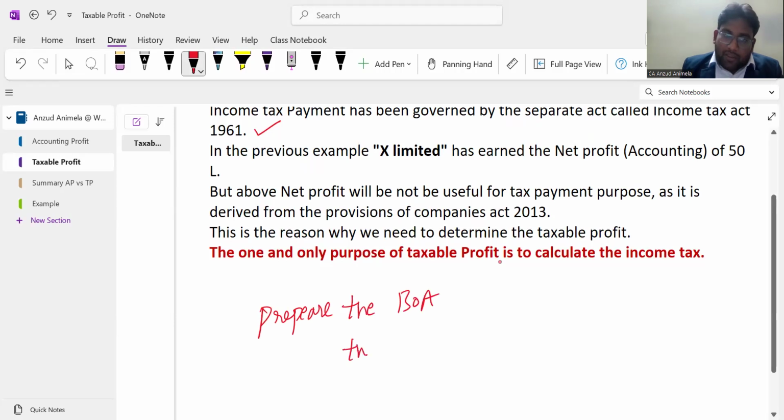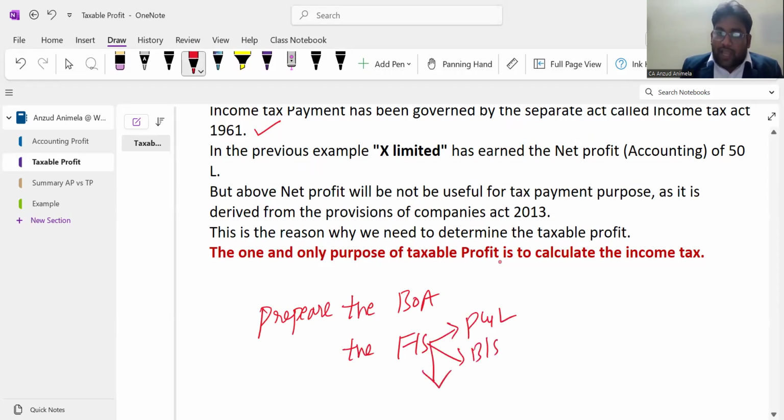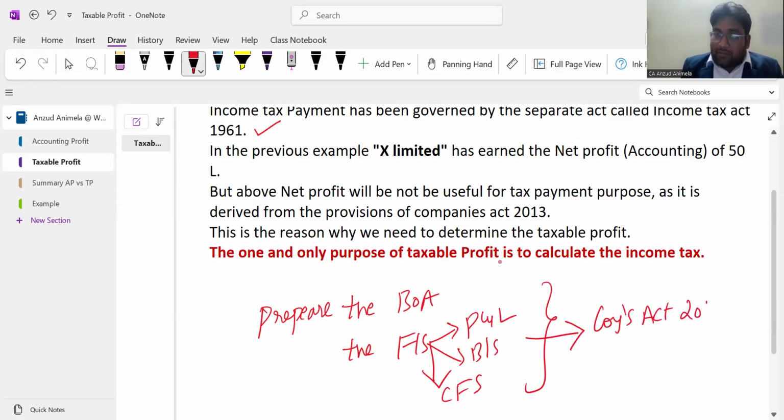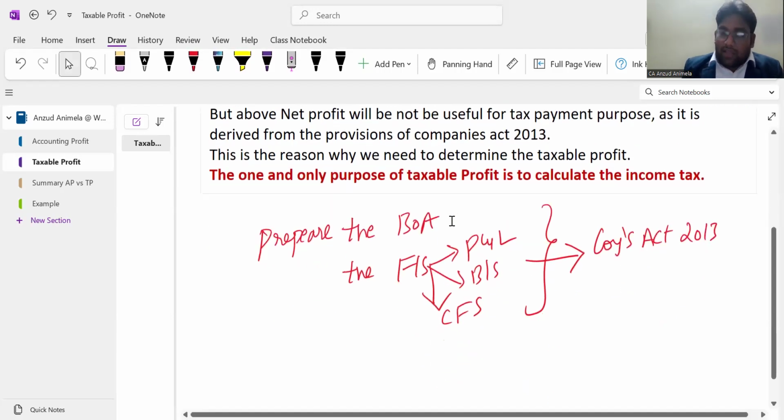When you prepare the financial statements like P&L, balance sheet, cash flow statements, which act applies? The Companies Act 2013 applies.